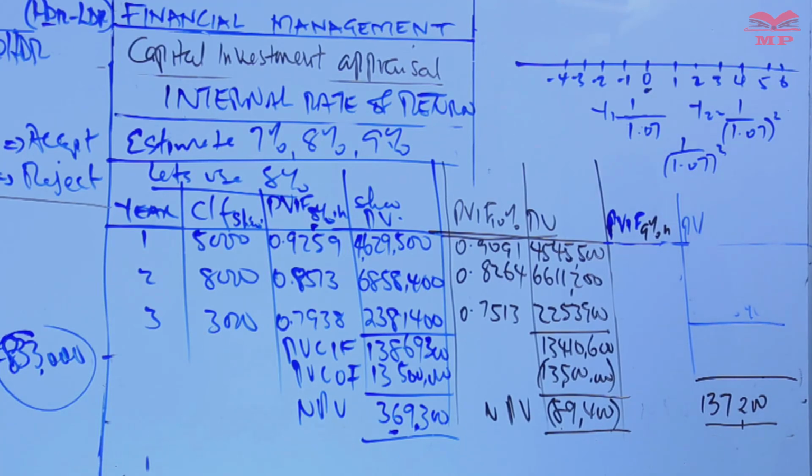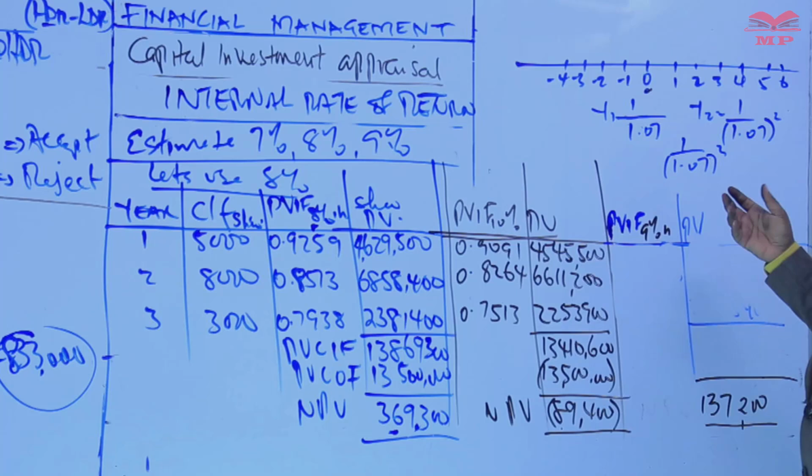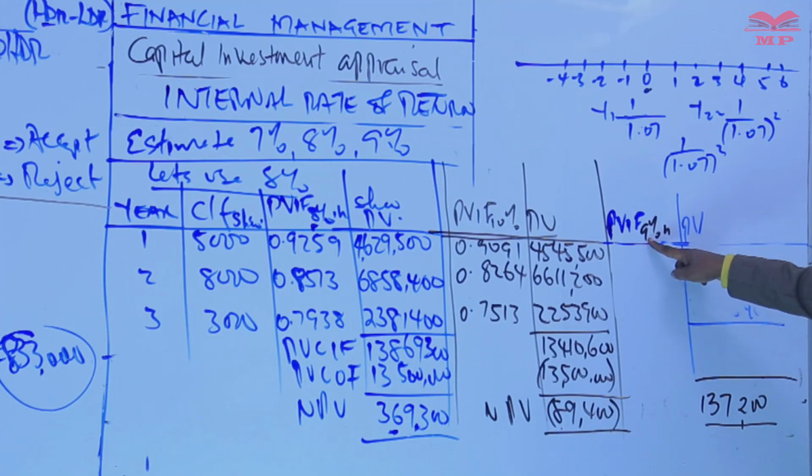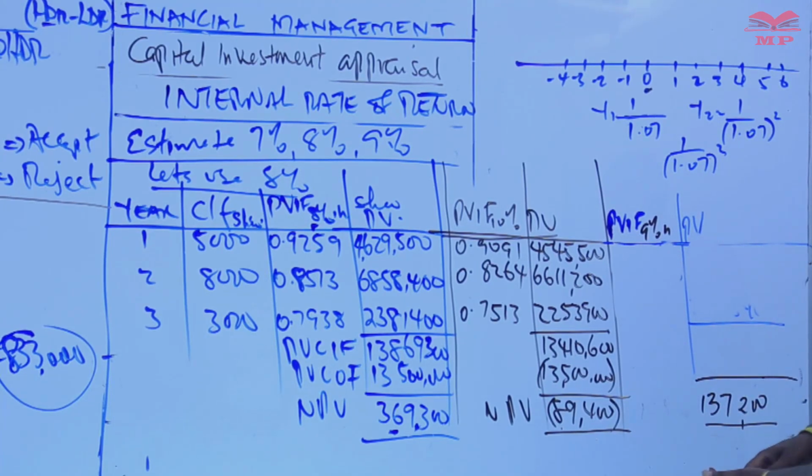For the positive, the closest point to 0 has to be 9%, because when we compute 9%, we get a positive 137,200.